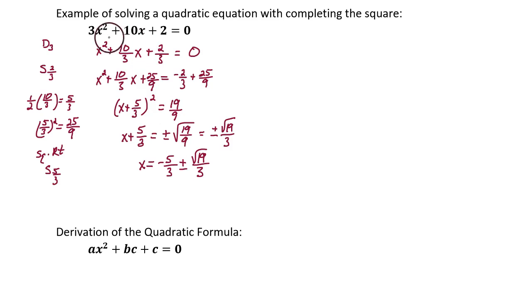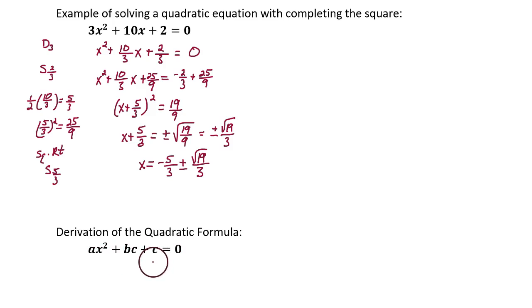We solved a specific quadratic equation that had numbers for a, b, and c by using completing the square. But we can make this a more powerful technique for us if we use completing the square on the general form that instead of numbers actually has variables a, b, and c.